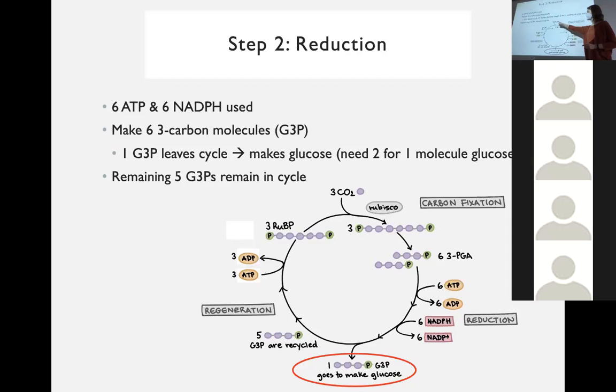So you have 3 CO2s coming in, which means you're going to make, if you just look at this, we don't care about the name of it. We have 3 of these 6-carbon molecules. So then if you kind of ignore all of this, but you chop that in half, then you have 6 3-carbon molecules.